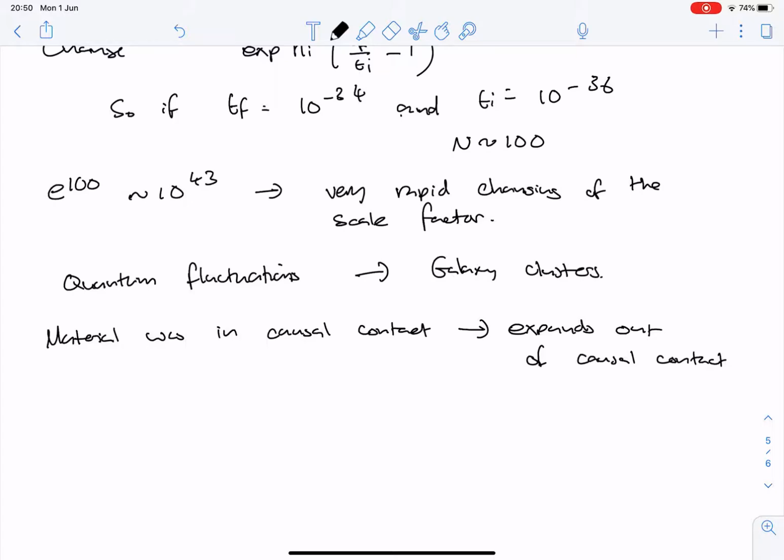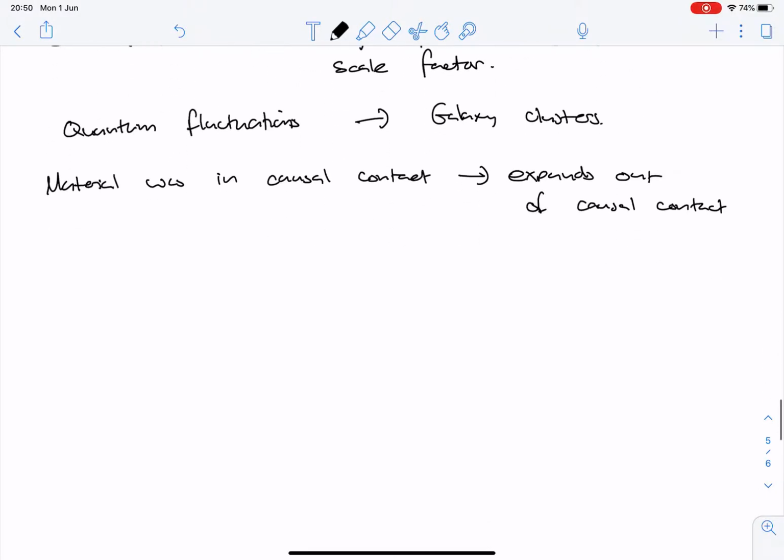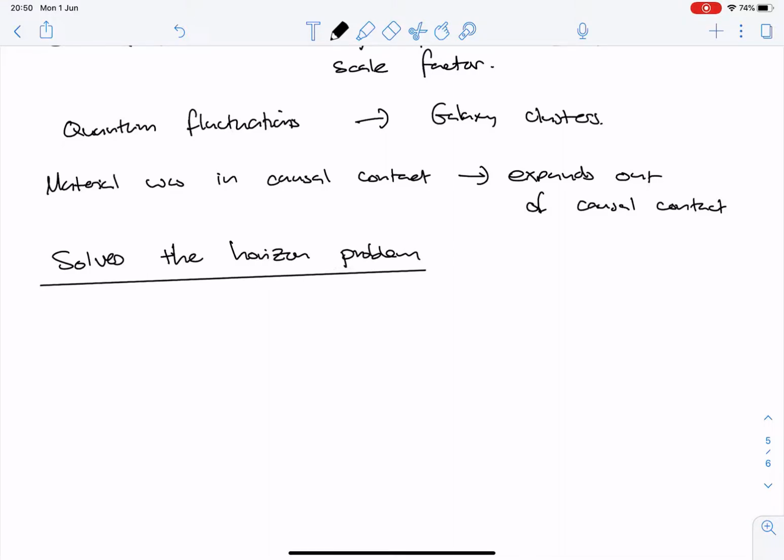So this stuff was in thermal equilibrium, it was actually all in the same place, and then it's been expanded away. So it solves the horizon problem very neatly. So that's one of them.